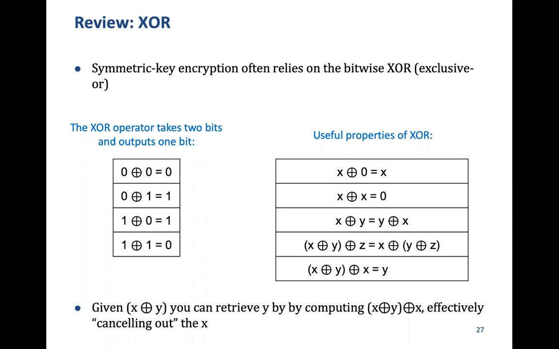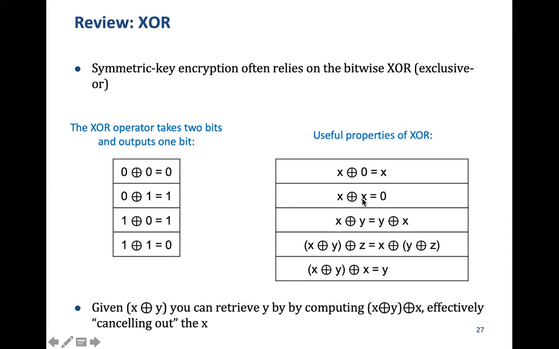When it's 0, both values are the same, so the output is 0, which is the same as X. And when X is 1, then 1 exclusive OR 0 is 1, so the output is 1, right? So it's the same as X.